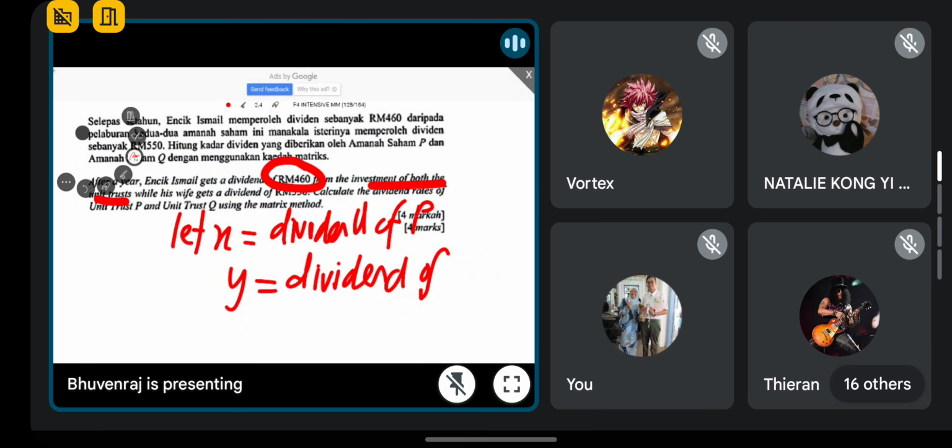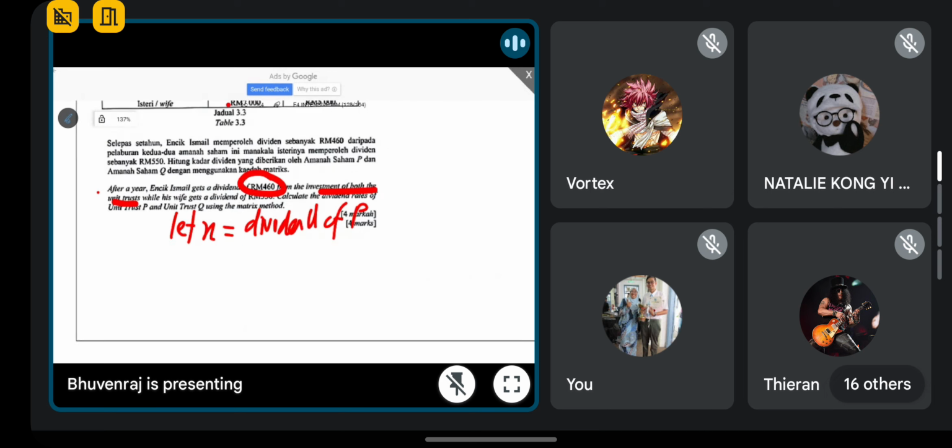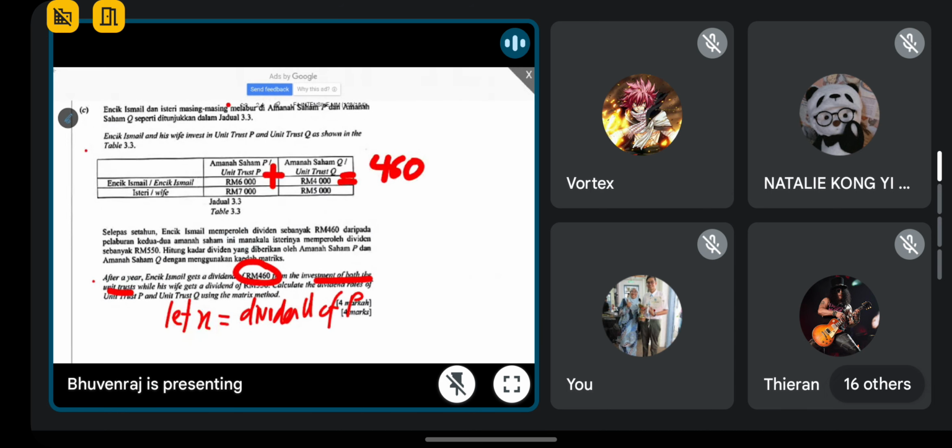Okay, so first of all, can you all form the first equation? Boleh bentuk tak persamaan pertama? Guna maklumat 460 tu. Anyone want to try? Use variable X, guys. Guna X untuk P dan kamu guna Y untuk mewakili dividen Q. Yang ni is total lah, guys.